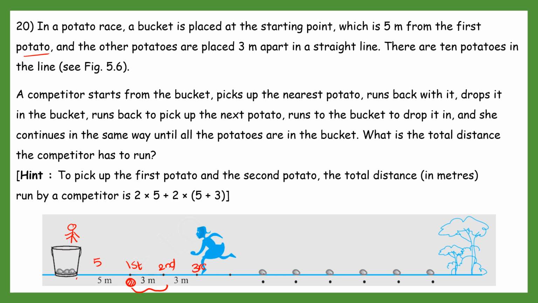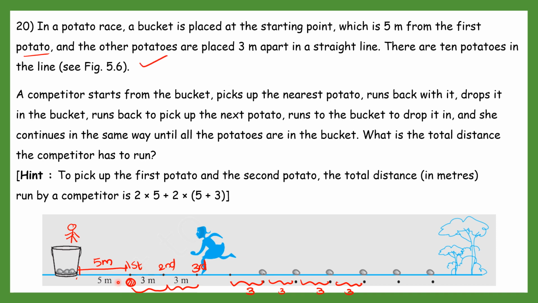Now third potato will be again 3 meters from the second potato. So distance between potatoes is 3 meters. They are telling this distance between bucket and first potato is 5 meters. After that all the potatoes will be placed in a line and distance between potatoes will be 3 meters every time. This is the data initially they have given.